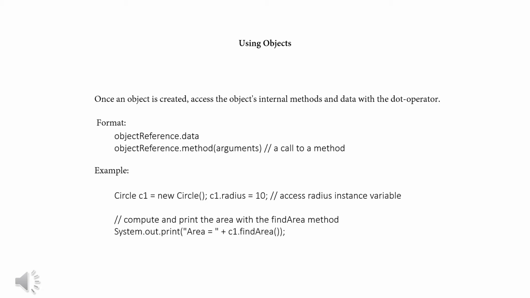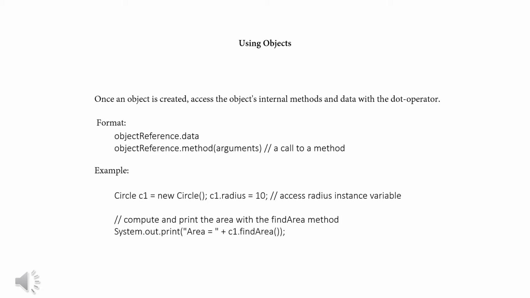The operator for accessing internal methods and data is the dot operator. The format for this task is, as you see here, first you need to write the object reference, then dot, and after dot you will write the name of that data or the name of that method.